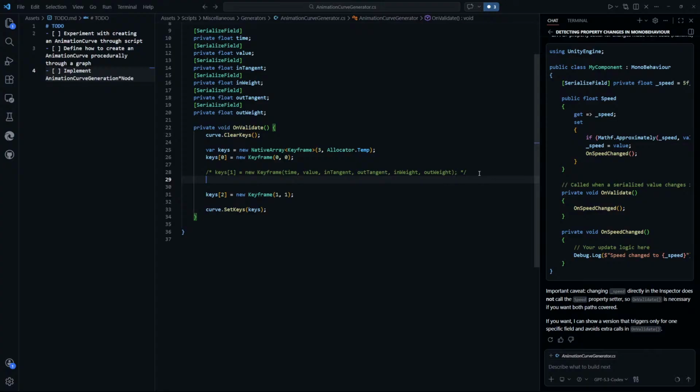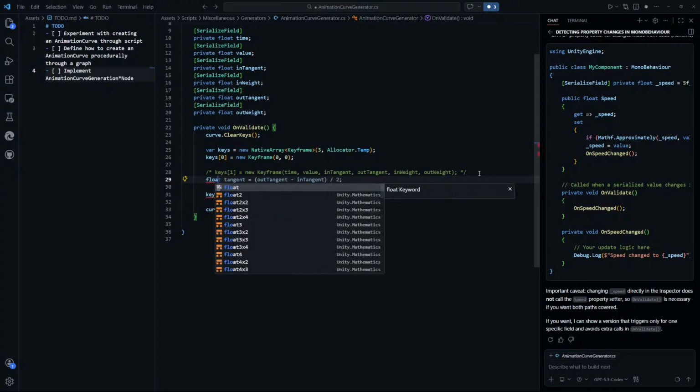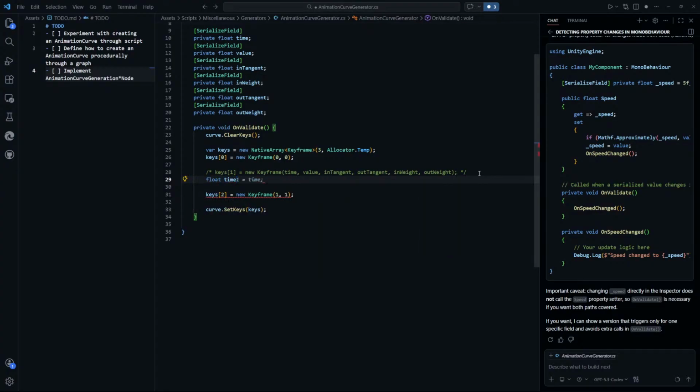Let's see here. Float time is equal to something. Float value is equal to something. Float in tangent is equal to something. Float in weight is equal to something.